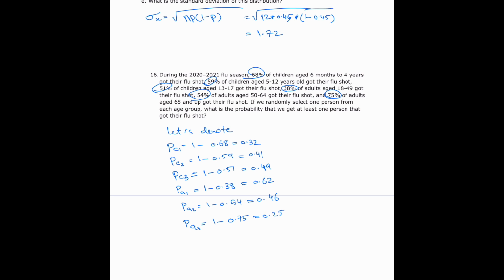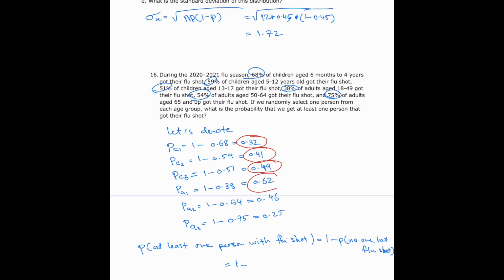So the probability that at least one person with a flu shot is equal to 1 minus the probability that no one had a flu shot, which is the probability that the first group of children didn't get a flu shot, the second group of children didn't get a flu shot, the third group of children didn't get a flu shot, the first group of adults didn't get a flu shot, the second group of adults didn't get a flu shot, and the last group of adults didn't get a flu shot.